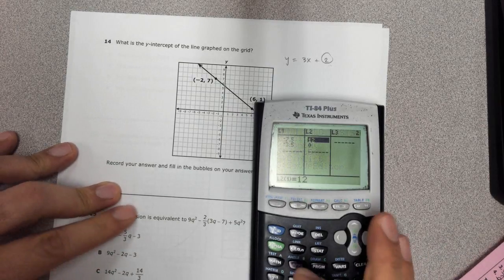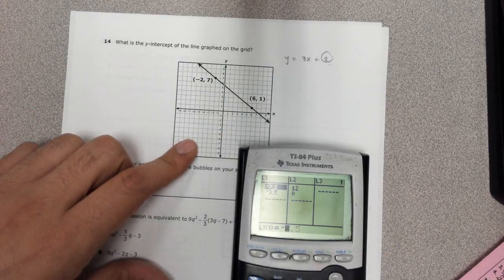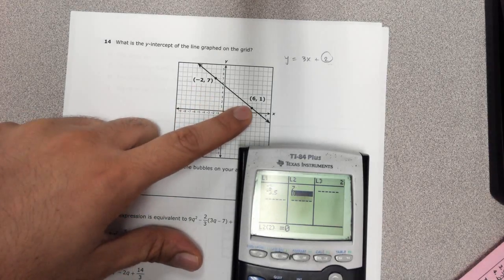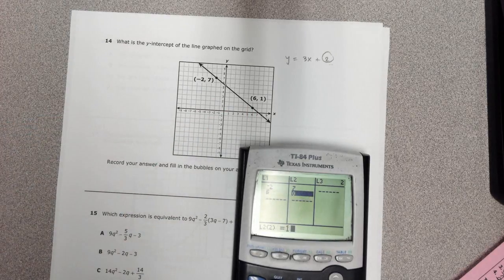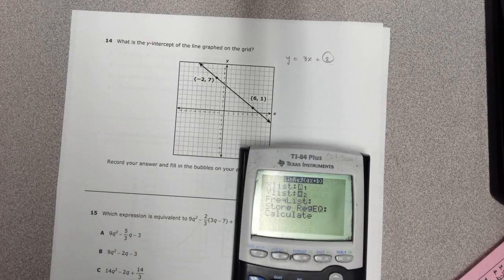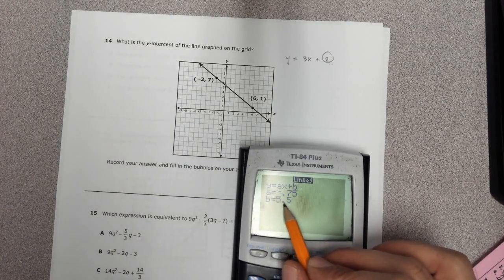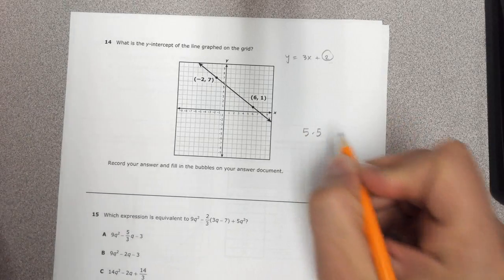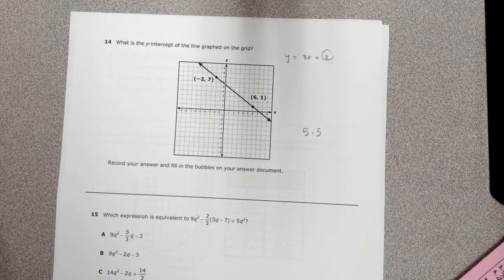So I'm just going to go to stat, enter. They've already given me 2 points. Negative 2 has a 7 in front of it. And 6 has a 1 in front of it. Now I go stat to the right for enter, enter, enter, enter. This is the y-intercept, 5.5. This was not multiple choice. So this is why I didn't approximate it from the picture.